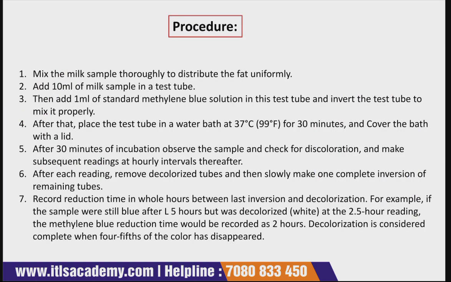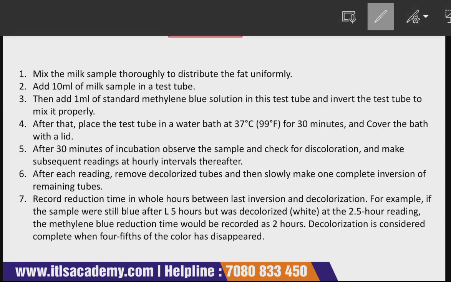Okay, now let us move towards the procedure. The first point says you have to mix the milk sample thoroughly to distribute the fat uniformly, because milk has fat. So you have to mix the milk very thoroughly so that the fat gets easily distributed.